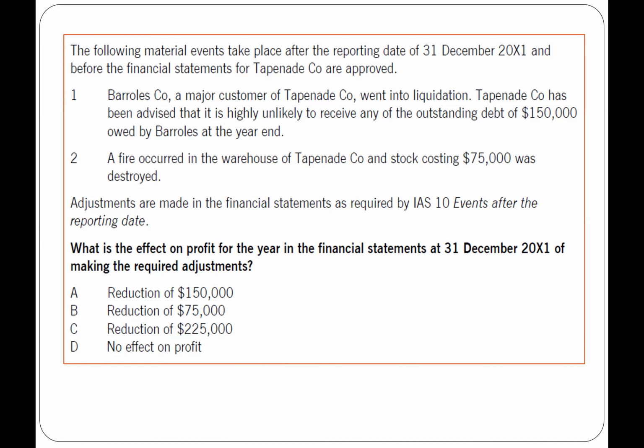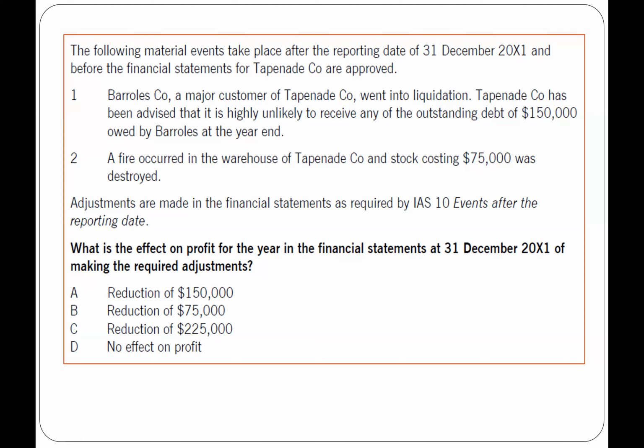So the first event, Barrels Company, a major customer of Tapenet, went into liquidation. Tapenet Company has been advised that it is highly unlikely to receive any of the outstanding debt of 150,000 owed by Barrels at the year end. So we said, if you realize that a company or a customer is facing financial challenges or is getting into liquidation, it means it did not happen overnight. They were always, or by the end of the year, they were actually bankrupt.